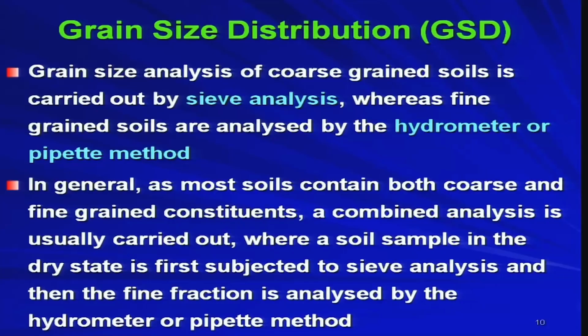Now, a combined analysis is usually carried out, where a soil sample in the dry state is first subjected to sieve analysis, and then the fine fraction is analyzed by the hydrometer or pipette method. That is quite obvious, because we have already decided that sieve analysis will be done to classify the coarse grained soil, and hydrometer analysis to classify the fine grained soil.